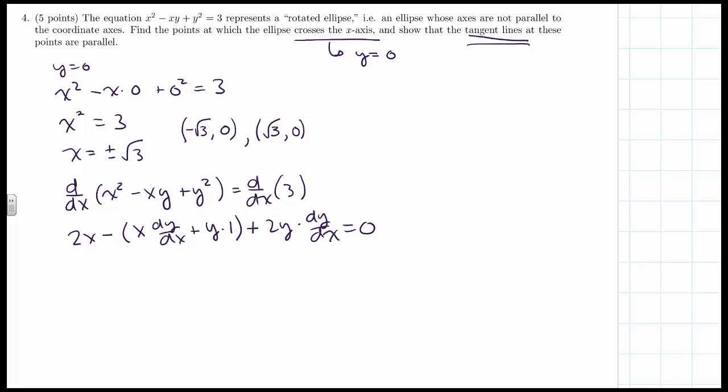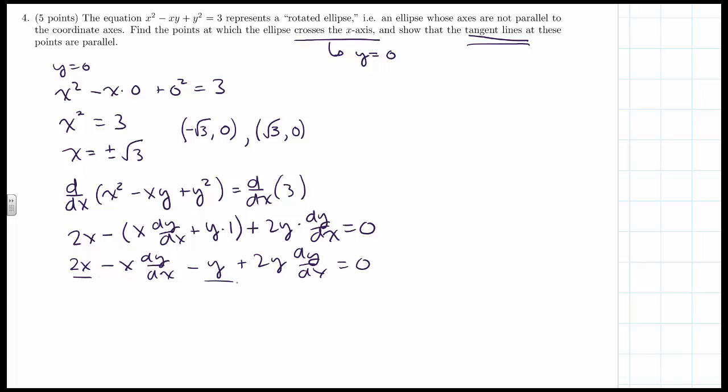We could, because we know these two values, plug them directly into our equation and solve for dy dx. But since we have to do two of them, perhaps we're better off if we solve for dy dx. Let's expand this. Negative x dy dx, minus y plus 2y dy dx is equal to 0.